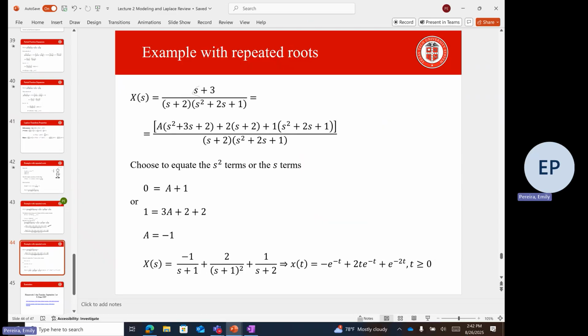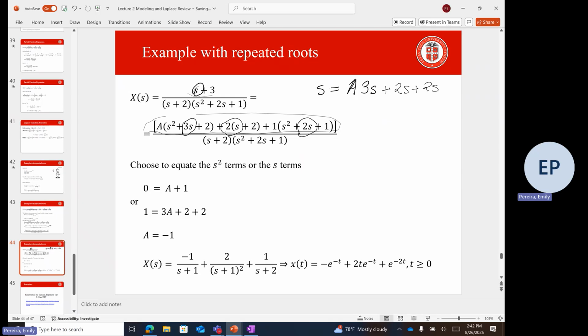So you're going to equate s plus 3 with this top term here. Now the key is to equate the terms. So for instance, we have a single s here, and so you'll count, okay, we have A, so we have s is equal to A times 3s, and then we have a 2s, and we have a 2s, right?